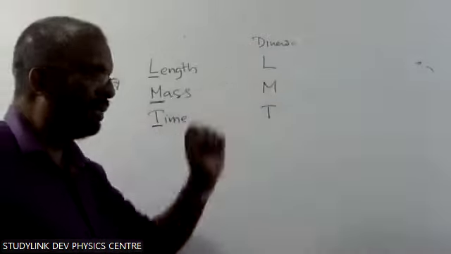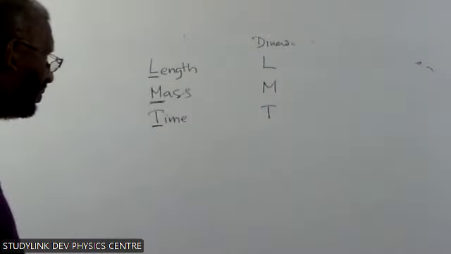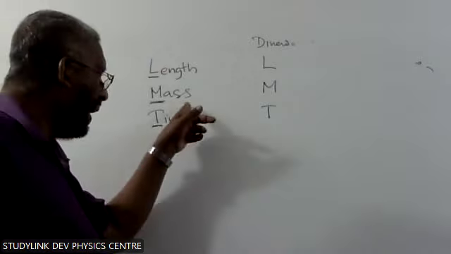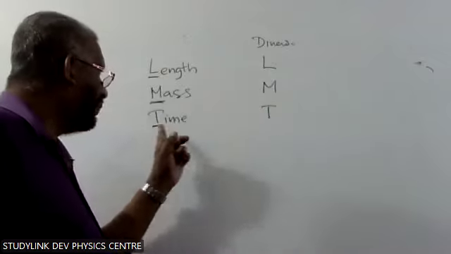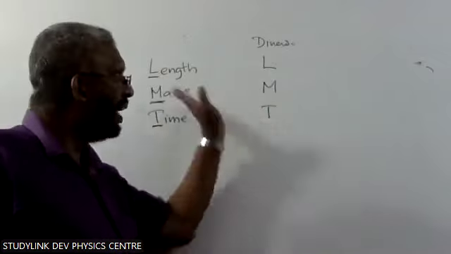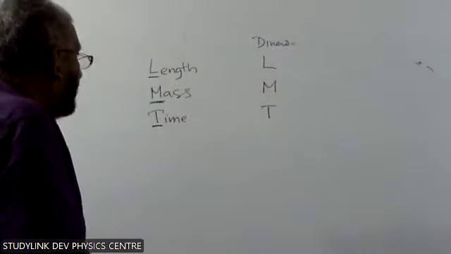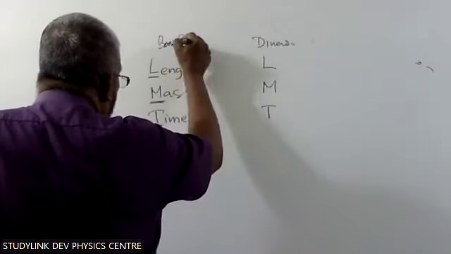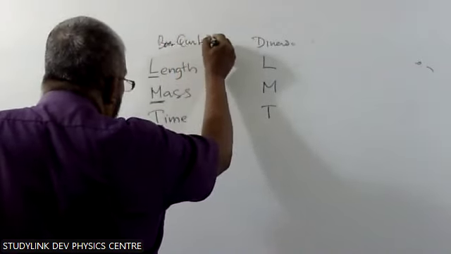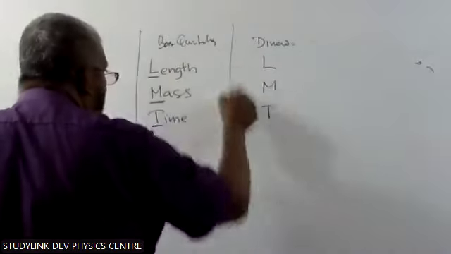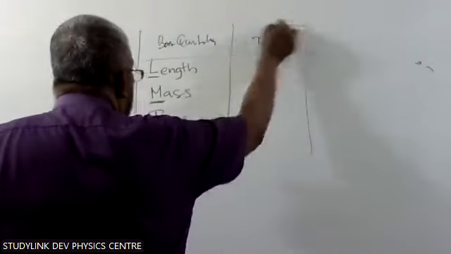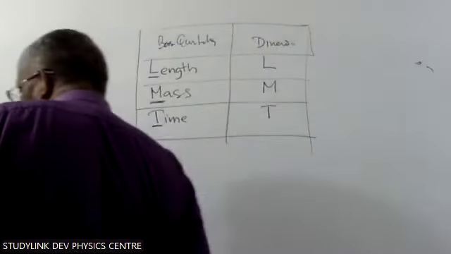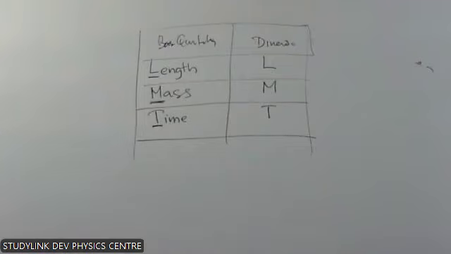That is capital L. For mass, capital M. For time, capital T. After that, you just write table: base quantity. Only these three are there for us.